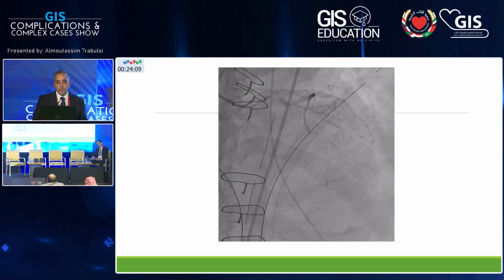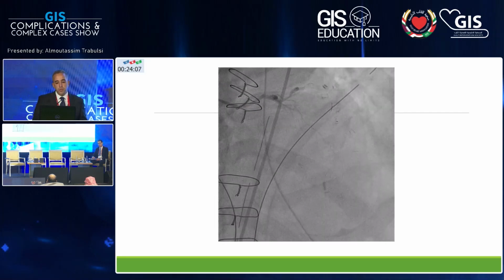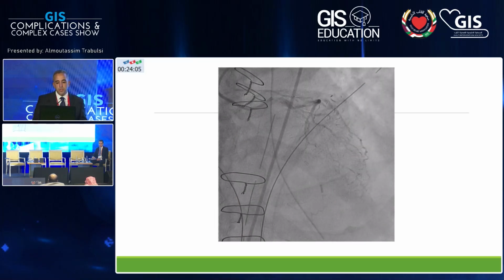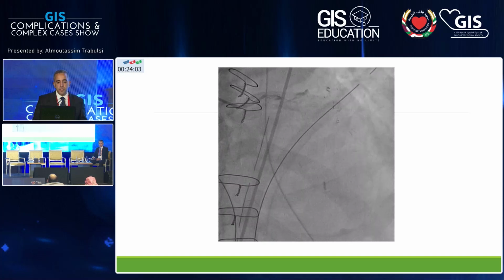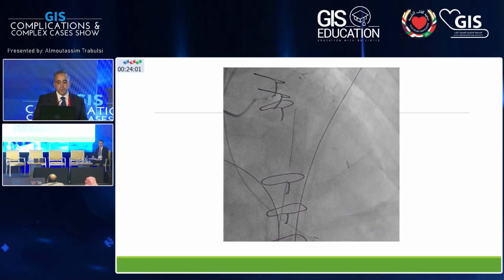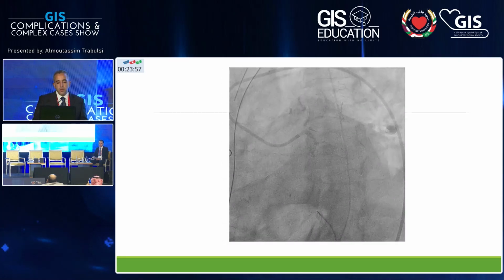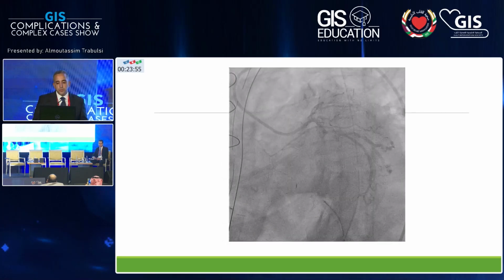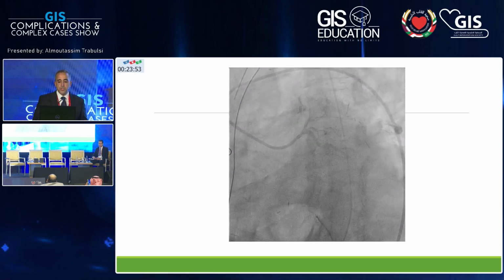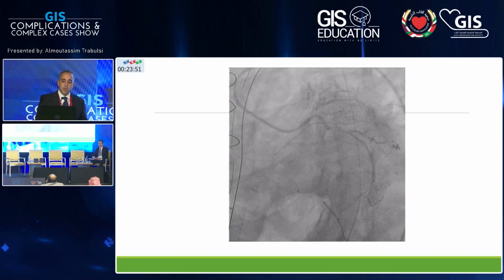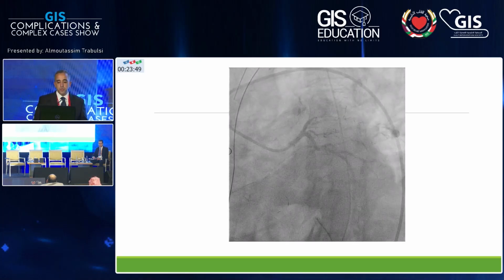Even on the cranial picture, you cannot see the LAD as you did on his initial presentation back in May. The only thing that you notice is that there's a backfilling into the vein graft of the obtuse marginal branch here.